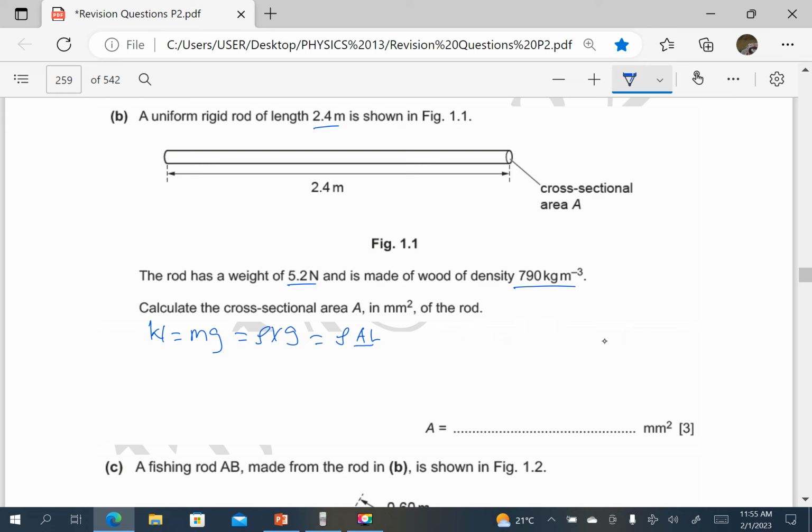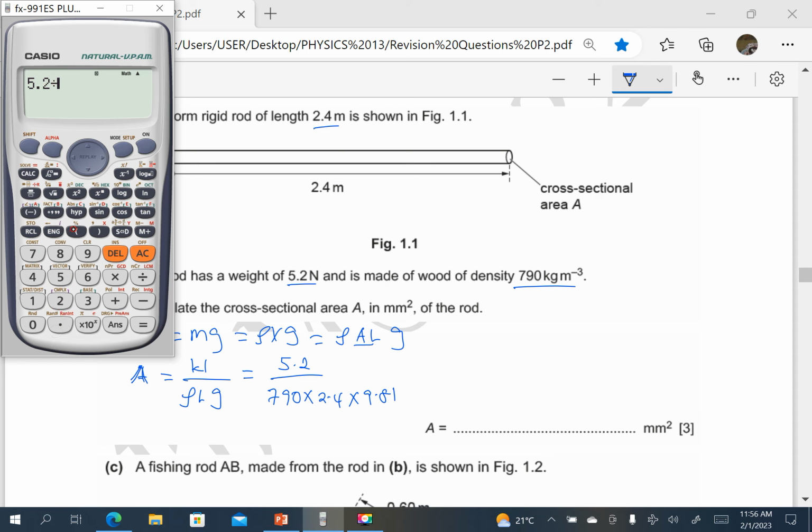So this is volume, then times g. Now it becomes easier for us to find the area. So the area is going to be equal to the weight divided by density times the length times g. So the area is going to be equal to 5.2 newtons divided by density, which is 790, times the length, which is 2.4, times g, which is 9.81.